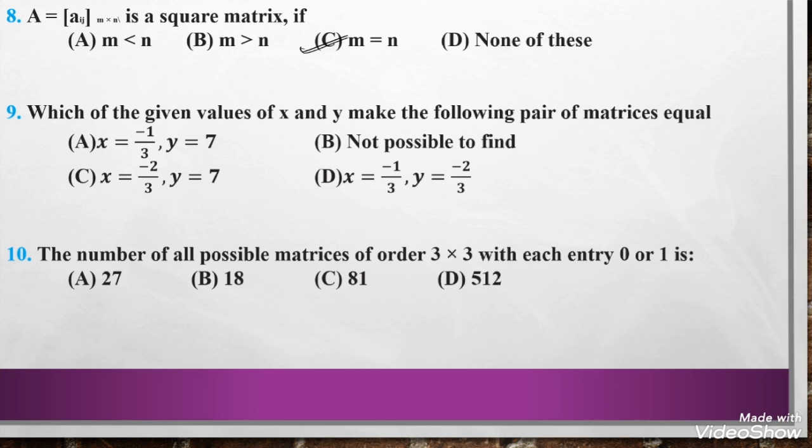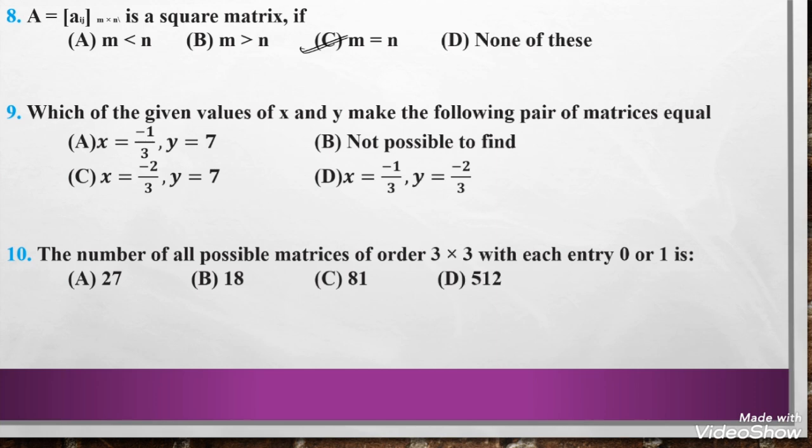Okay. Which of the given values of x and y make the following pair of matrices to be equal? While adding or subtracting the values, you will get the pair of matrices to be equal.